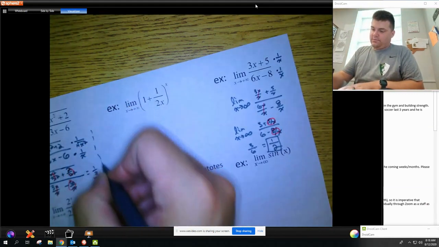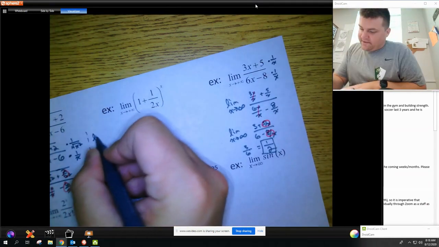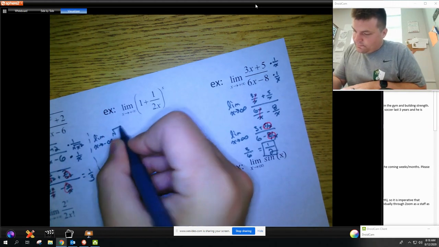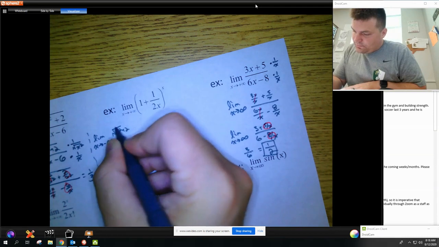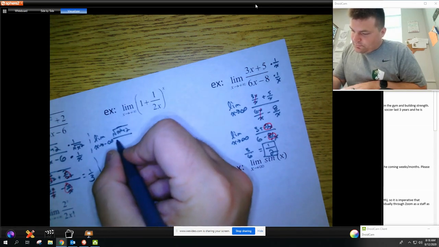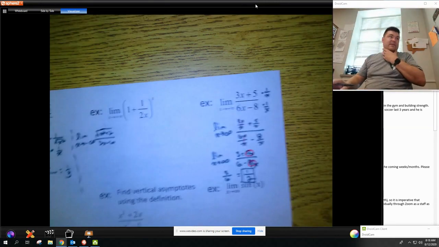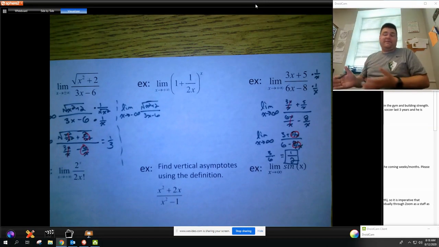Now I'm going to do this from negative infinity. And what's going to be happening here is I'm going to start looking from end behavior on the left-hand side.